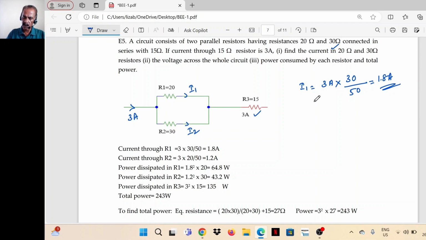I2 is 3 minus 1.8, which is 1.2, or 3 ampere into the opposite side resistance 20 divided by 20 plus 30, 50, is equal to 1.2 ampere. So I1 is 1.8 ampere, I2 is 1.2 ampere.